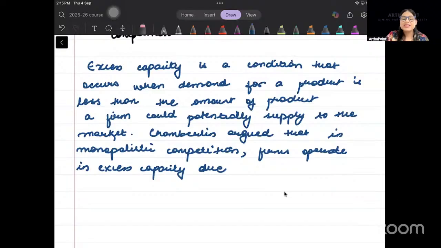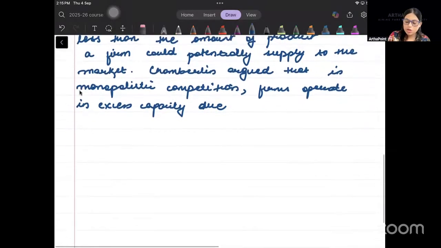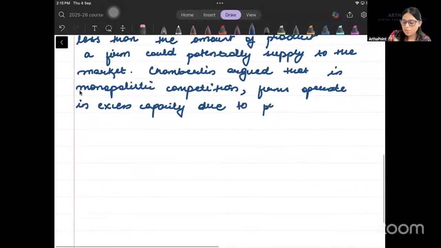So ideally, excess capacity is because you have a downward sloping demand curve. And why are you able to have a downward sloping demand curve? Because of product differentiation. So, due to product differentiation.